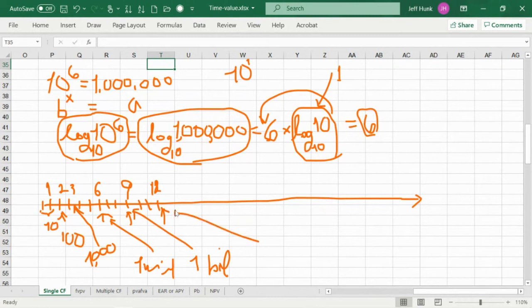And 10 to the 12th, 1 trillion miles. You get the idea?